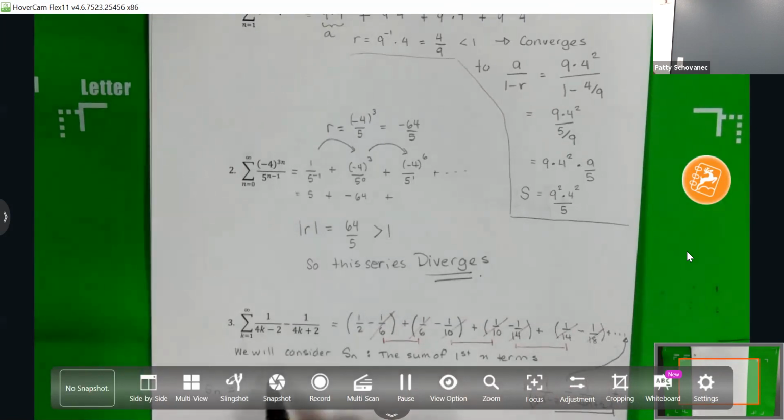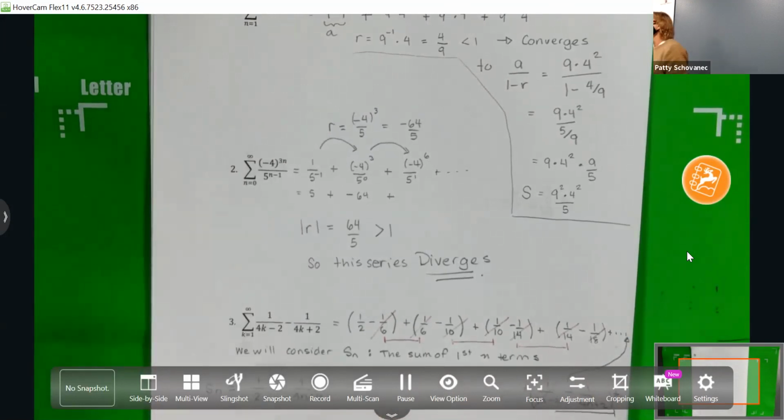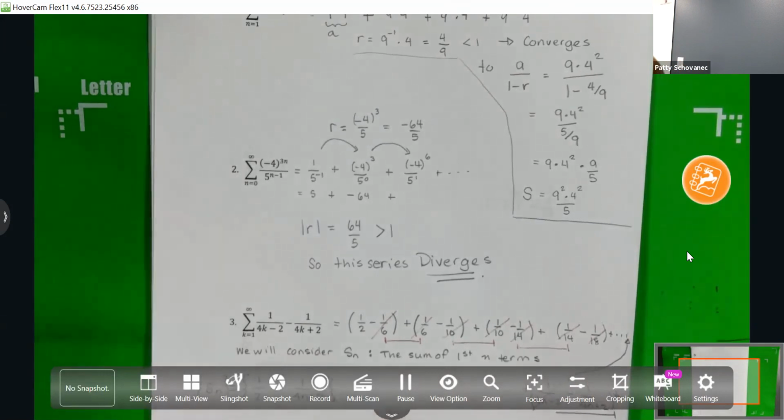And I should be able to write Sn in closed form as 1 over 2 minus 1 over 4n plus 2. So that's describing my partial sums as a sequence. So I put it in the brackets. That's the nth term of my sequence.